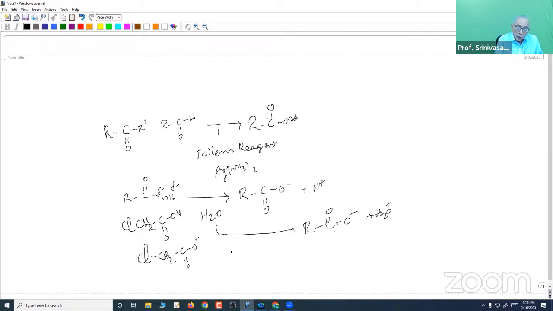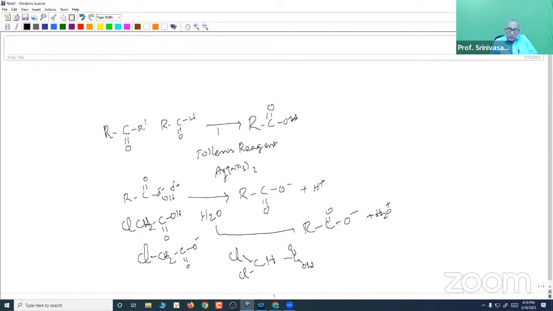If you add two chlorines, you have two electron withdrawing chlorine atoms that will pull the electrons between O and H even further.